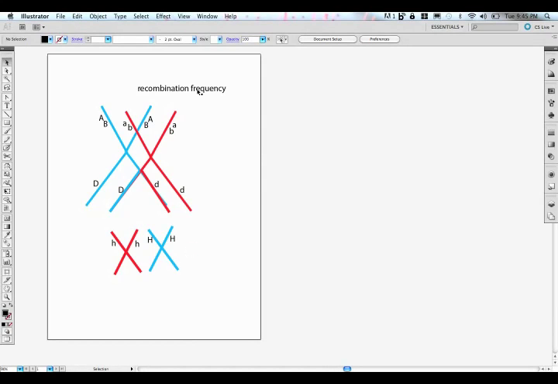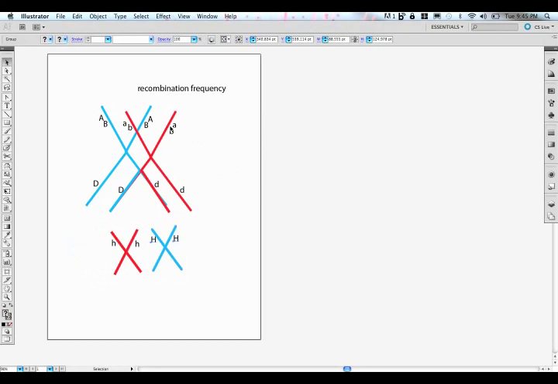So if you see a 50-50 recombination frequency, they're probably on separate chromosomes, or they're really far apart on the same chromosome, and basically half the time they cross over, half the time they don't. So those are not linked. A 50% recombination means they're not linked, because this is what's accounting for it, how you line up.